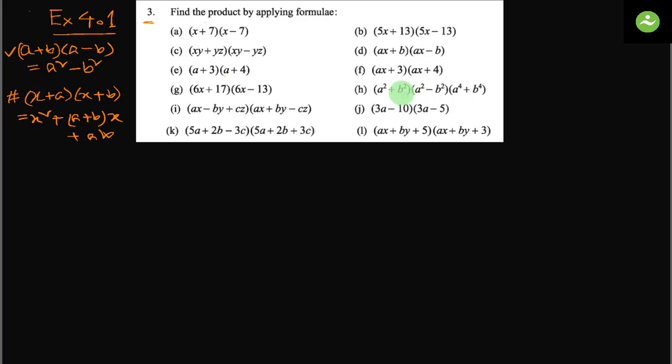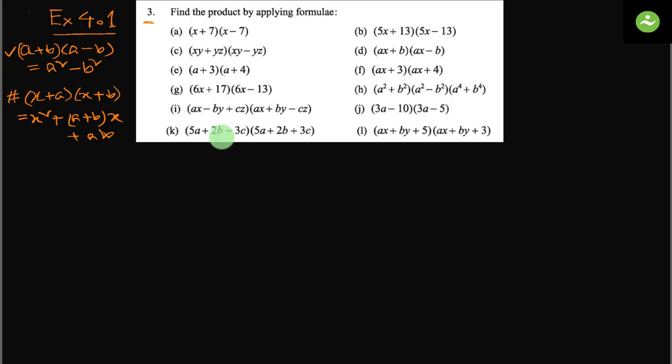So only the first formula we can apply here, A plus B, A minus B. For I, ax minus by plus cz, I think this is A plus B, A minus B. J, this is a different value, 10 and 5 is different, so it should be x plus A, x plus B.